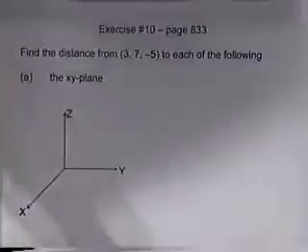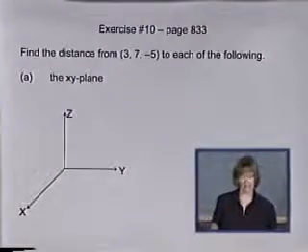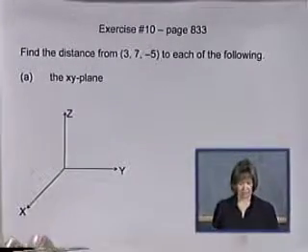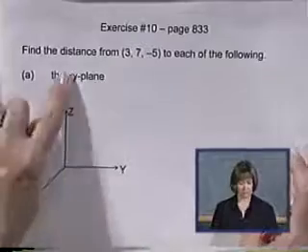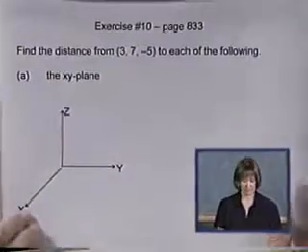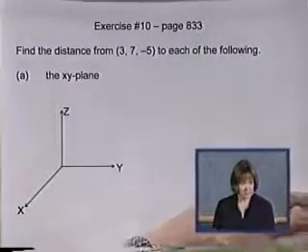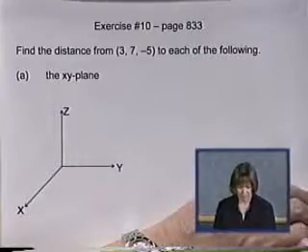Okay, let's look at another problem. Next one I want to look at. Find the distance from 3, 7, negative 5 to each of the following. The XY plane. Now remember the quick and dirty way we did it? Let's talk.